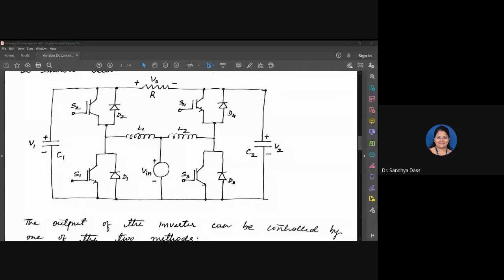So how do we vary the amplitude or magnitude of the pulse? By using these choppers where we can step up or step down the level of the DC input voltage. I hope I'm able to convince you guys. I will share the material in Canvas, go through it. If you have any queries, you can always get back to me.